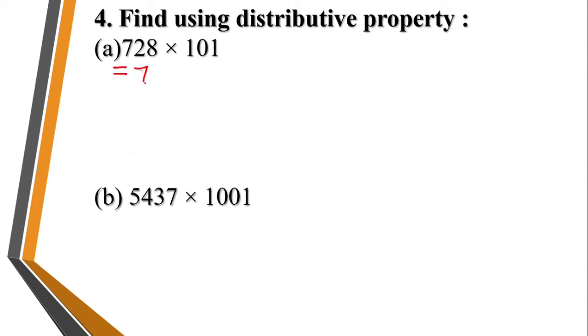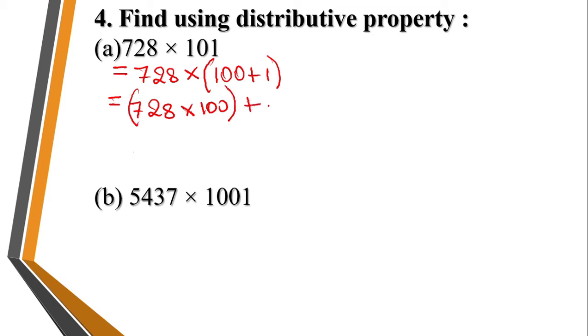Now 728 will come as it is and it will get multiplied with 100 plus 1. Now what does it mean? The 728 which is outside the brackets is getting multiplied onto everything inside the brackets. So 728 is getting multiplied with 100, plus it's getting multiplied with 1.